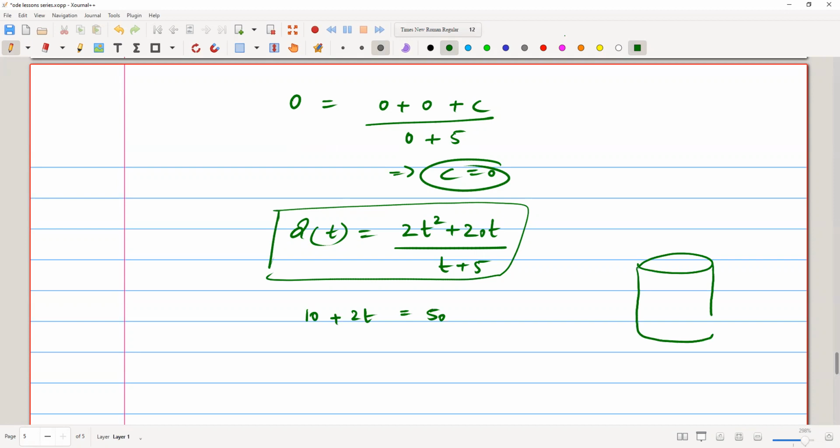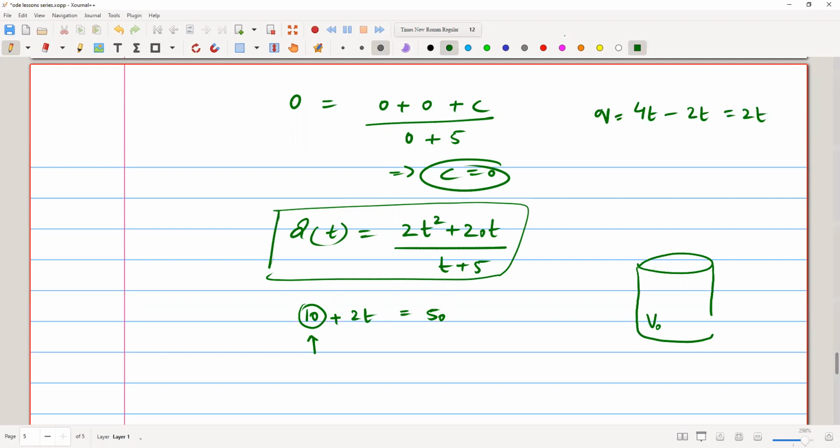This is the initial volume, that is V naught, that the tank is carrying initially, plus twice t, because this 2t is actually the difference of flow rate in and flow rate out.